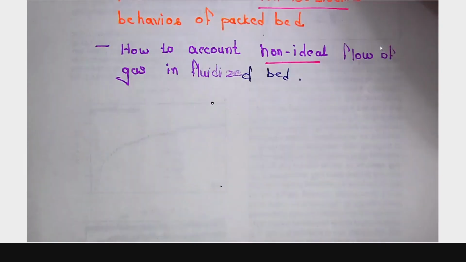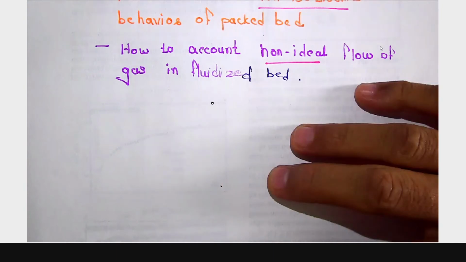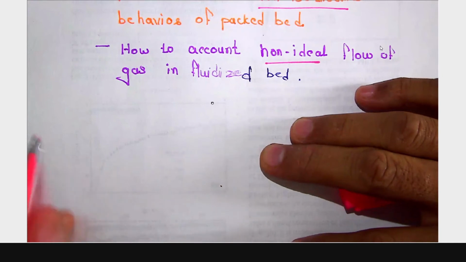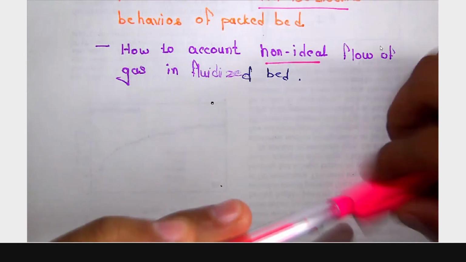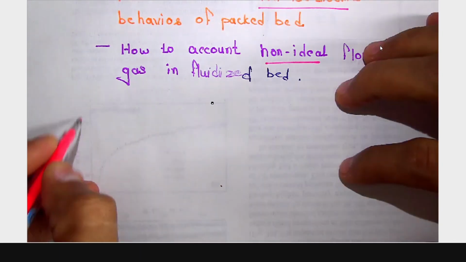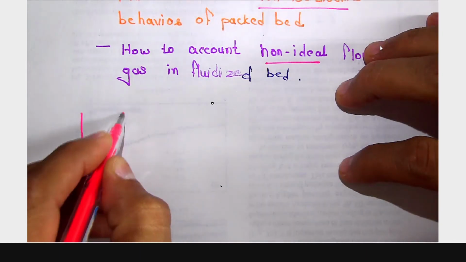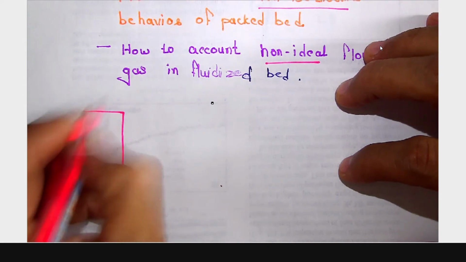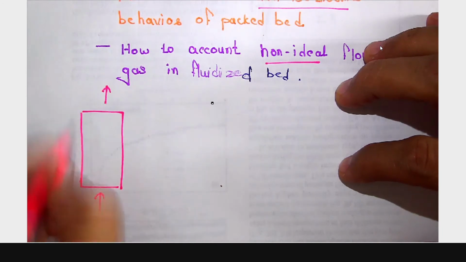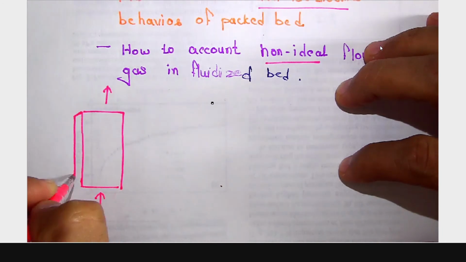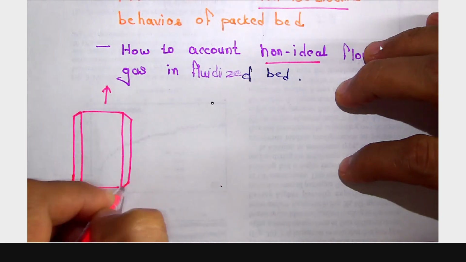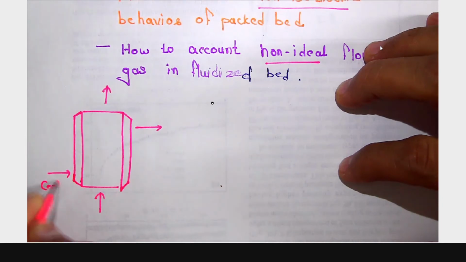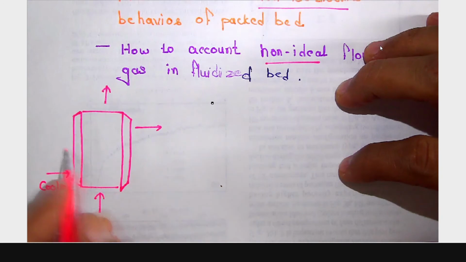Now take the case of the packed bed reactor with a heat exchanger, maybe a shell and tube kind of arrangement, or a standard packed bed. Suppose this is our packed bed. We are giving the jacket for cooling. It is packed.